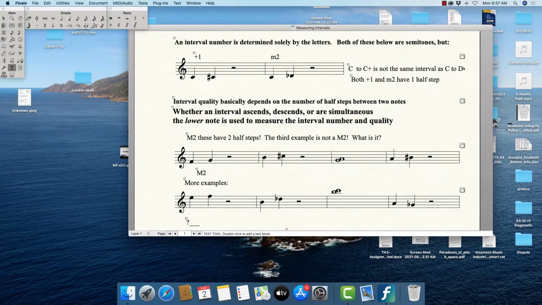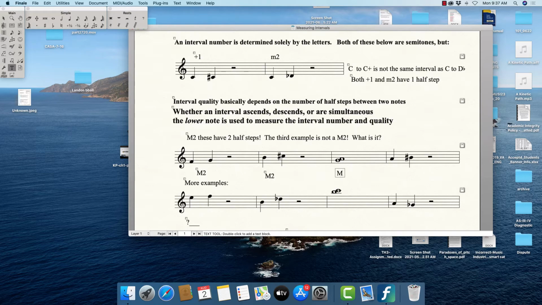So this again is also a major second. This one is a simultaneous one, but we're going to use the lower note, G up to A, and again, notice there'll be G, maybe G sharp, or you could call it A flat, A, so it has two half steps, so this is also a major second.